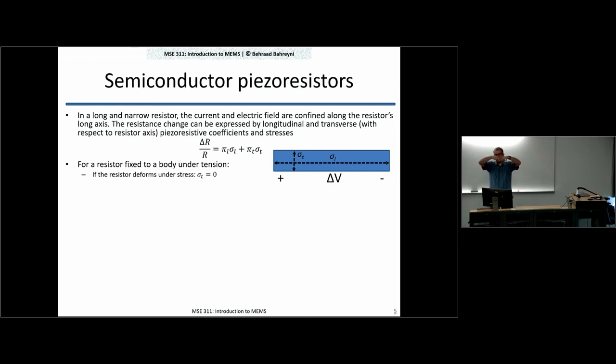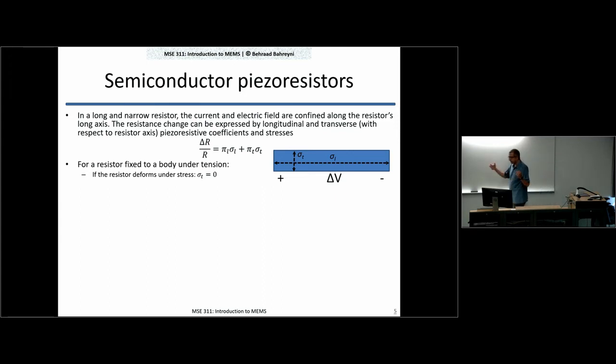I can dope a segment of that crystalline silicon. Let's say the silicon itself is N-type. I can dope it P-type and pass a current through that P region only. So I will have a diode that separates it from the rest of the structure. But from one end of that P region to the other, I can have a piezoresistor. This resistor is embedded within the structure.